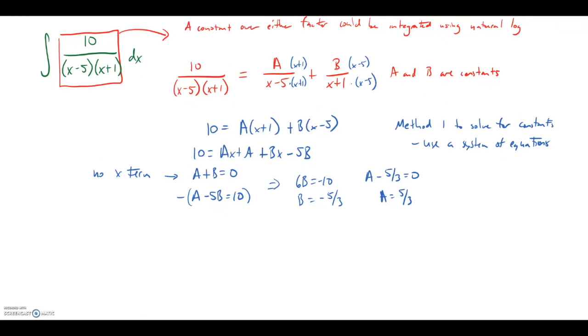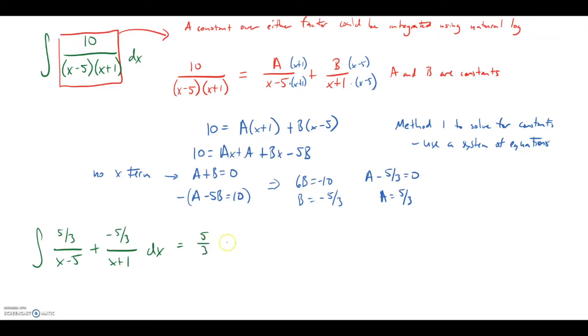And we can now complete what's known as a partial fraction decomposition. Our original function can now become the integral of 5/3 over x minus 5 plus negative 5/3 over x plus 1 with respect to x.